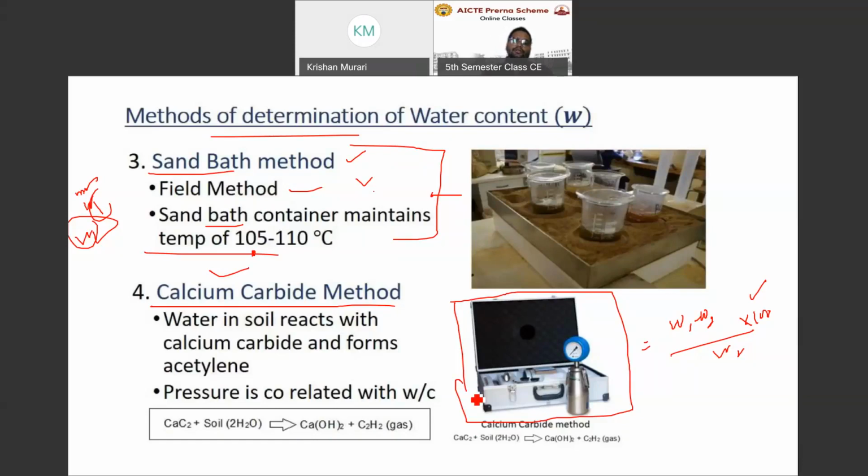If the pressure is more, that means the water content is more. Then you can calibrate the water content with the calcium carbide method. You can find the water content of a particular soil with the help of calcium carbide.